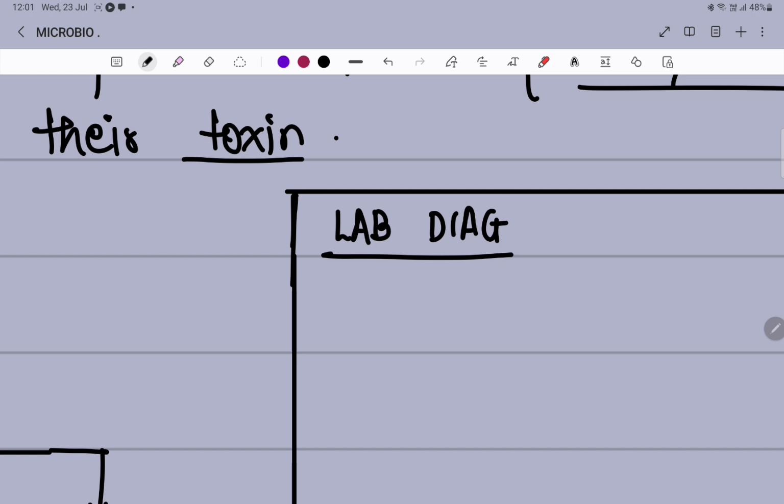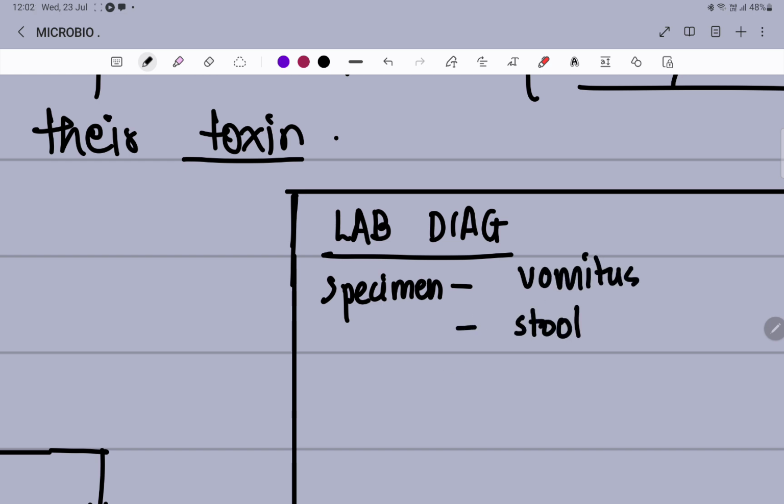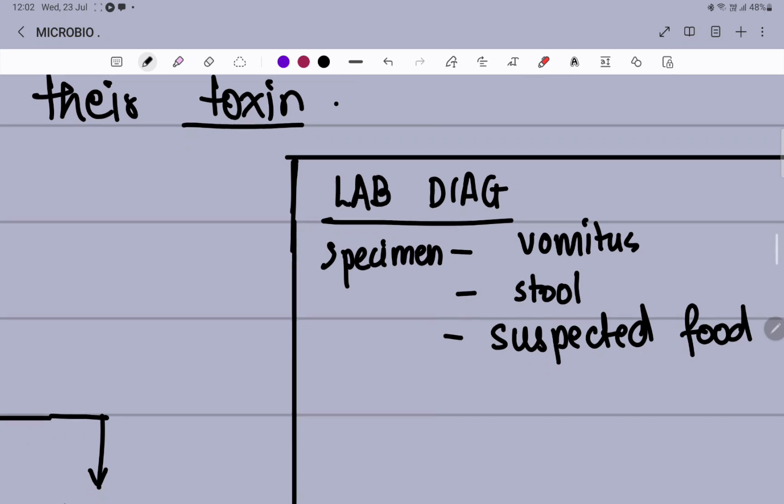So we have 3 specimens over here: either vomitus, stool sample, or the suspected food that he has eaten, which we ask the person to bring, and then it is put in Ringer's solution and plated onto appropriate medium.